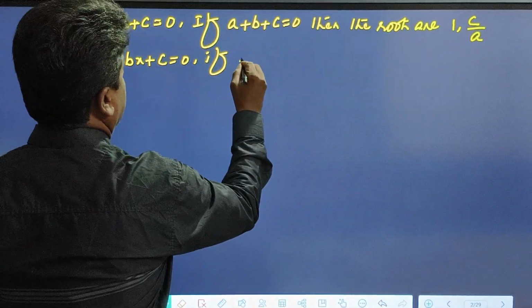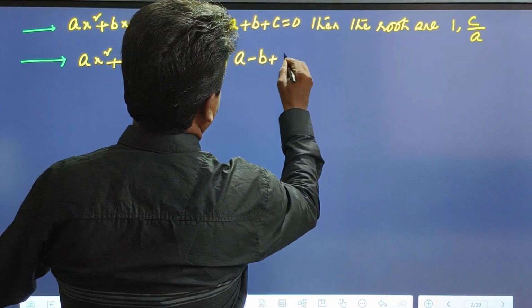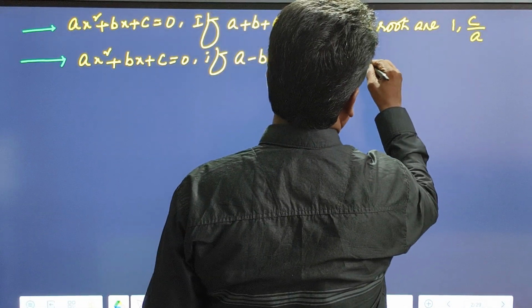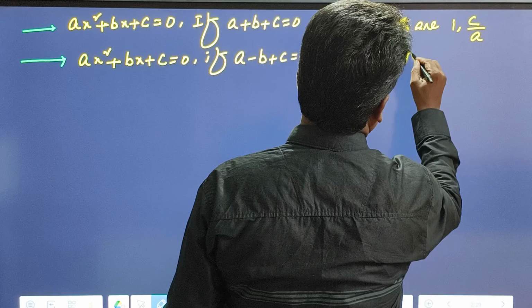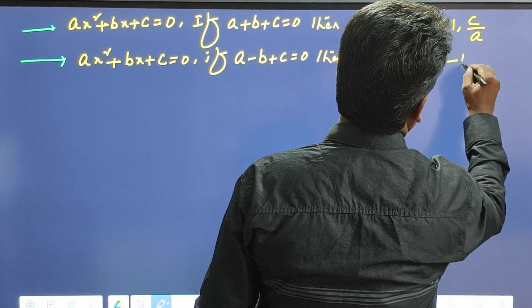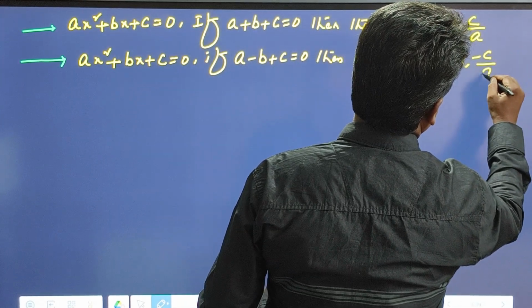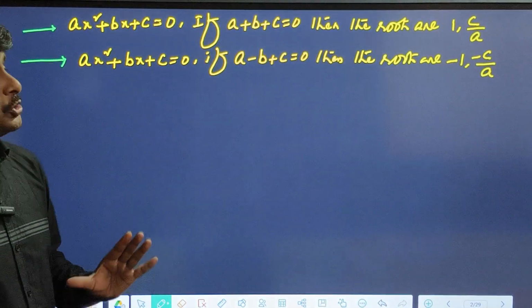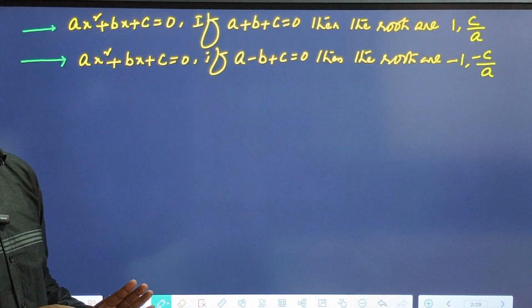Suppose in the quadratic equation ax square plus bx plus c is equal to 0, if a minus b plus c is equal to 0, then the roots are minus 1 comma minus c by a. So these are the two relations we have learned.